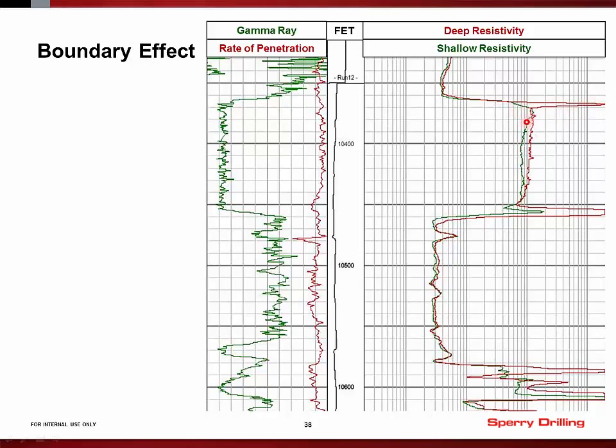The shallow doesn't really do very much. Coming out the other side, you do get a small horn on the shallow resistivity and an even bigger one on the deep resistivity. So this is a classic case. These polarization horns are very common in high angle wells, especially where we're crossing these high contrast boundaries between reservoir zones and adjacent low resistivity shales.